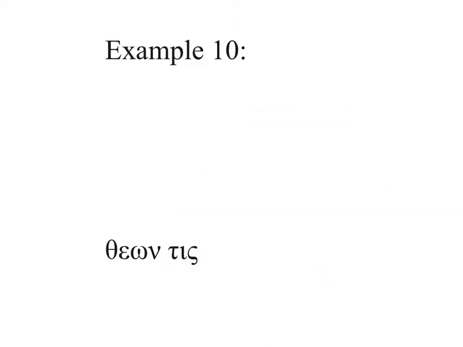Example 10 is our 10th and final example for this tutorial today. And our words are theon tis. If we recall, we've already met forms of theos in these exercises. And theos, theou, is accented on the ultima.